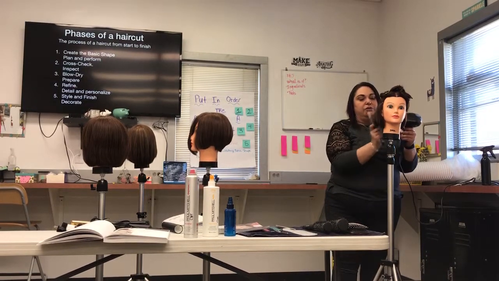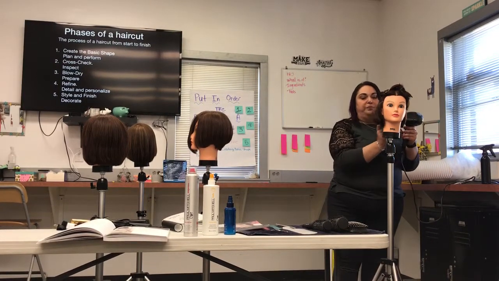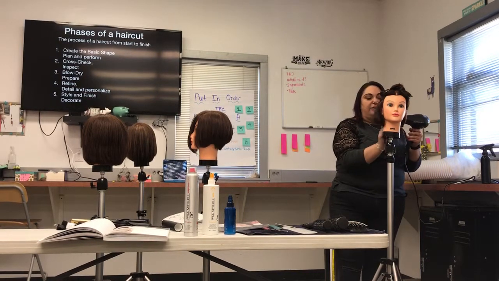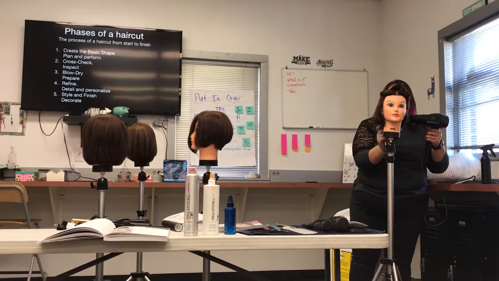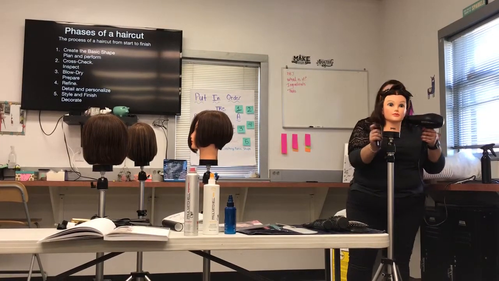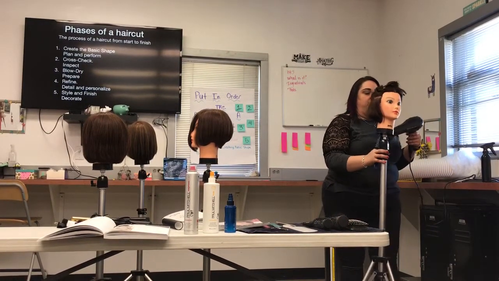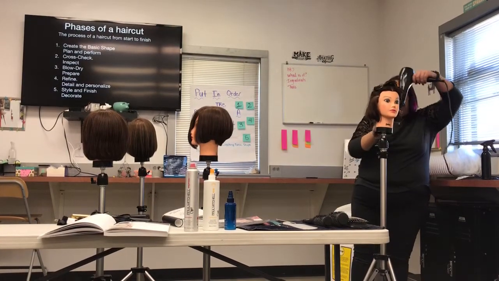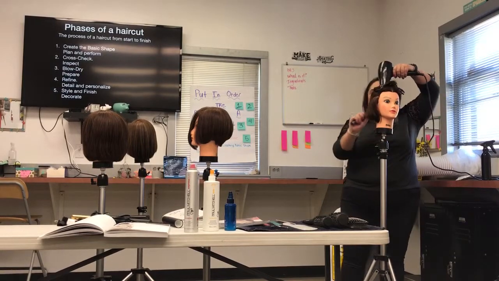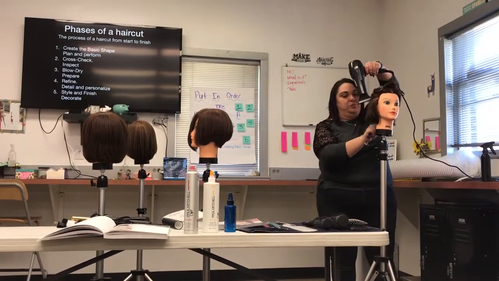And we're going to dry to 50% dry. So go over each section about 3 times, starting on your dominant side, and then we're going to go to our non-dominant side, and we're going to push the hair towards us. And you want to be able to see that hair pop.